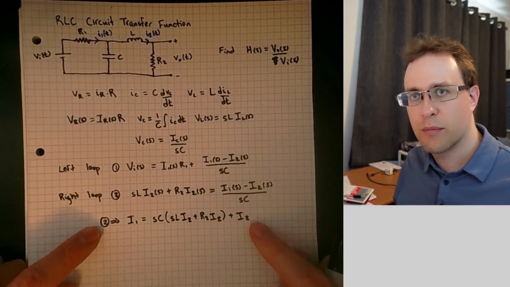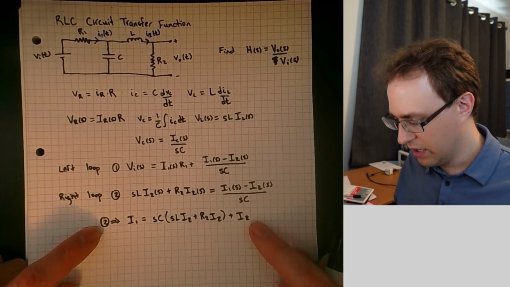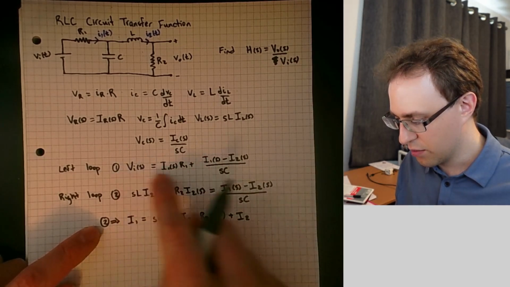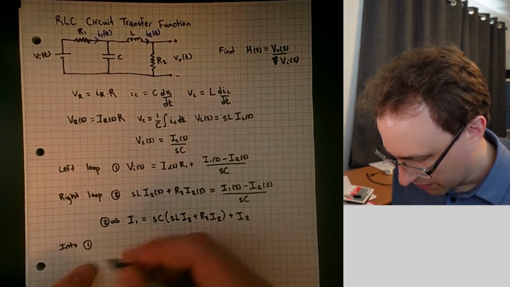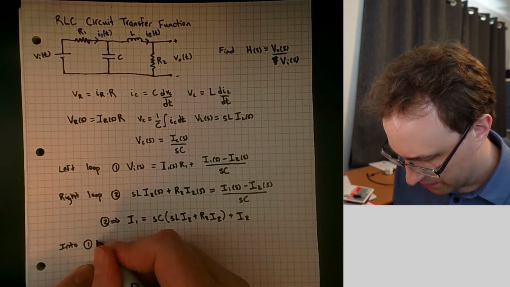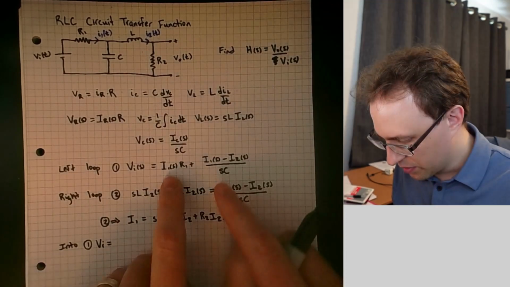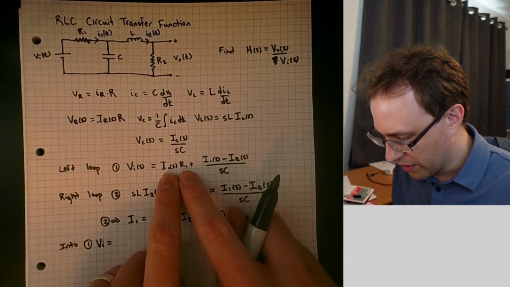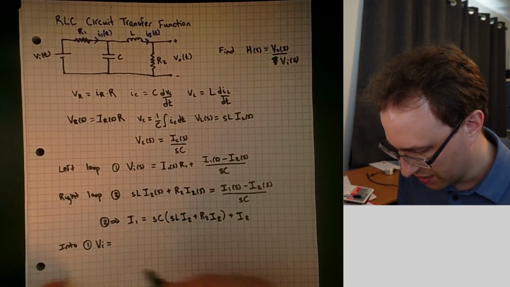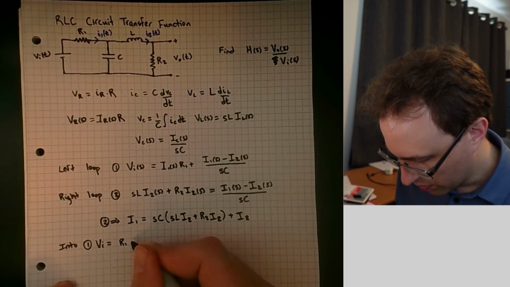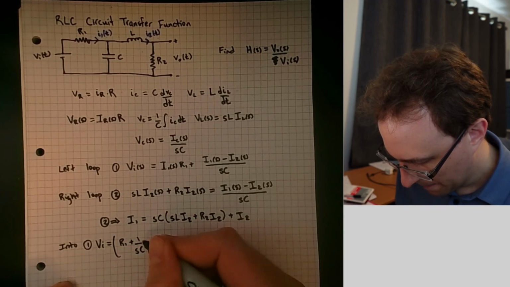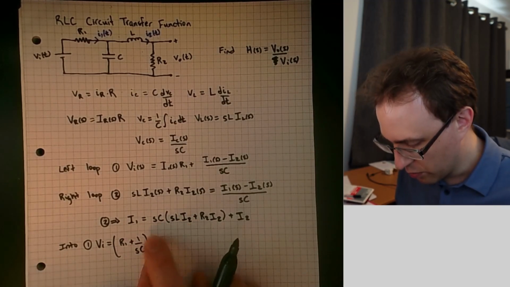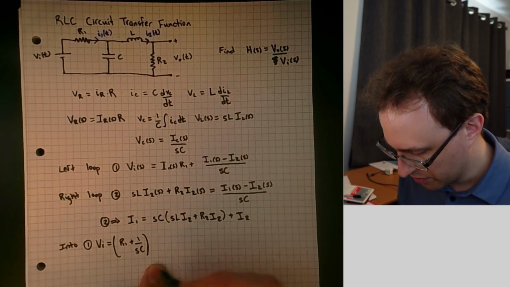Now we can take this expression for the current I1 and substitute it back into equation 1 where we see I1 here. So on the left hand side we still have our VI. If we take out I1, we're left with R1 plus 1 over SC. So we get R1 plus 1 over SC multiplied by I1, but I1 is equal to all this term here.